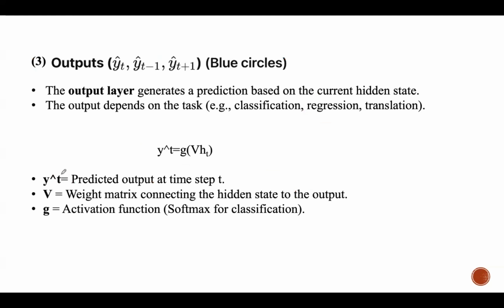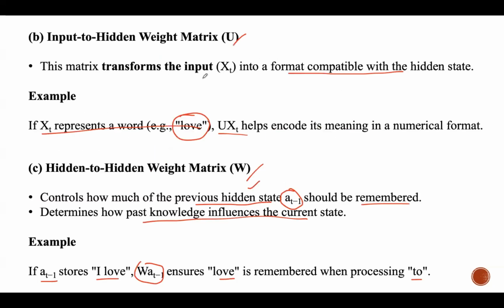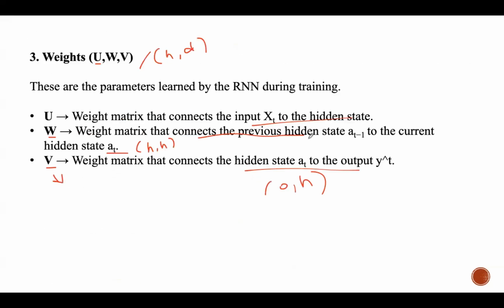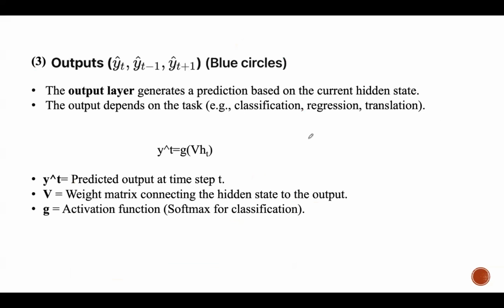Then coming to the outputs, represented with yt hat, yt minus 1 hat, and yt plus 1 hat, shown as blue circles in the diagram. You can see these are the outputs. This output layer mainly generates predictions based on the current hidden state, and the type of output generated from this layer depends on the type of task, whether it is classification, regression, or translation.